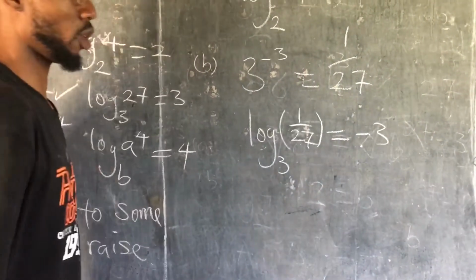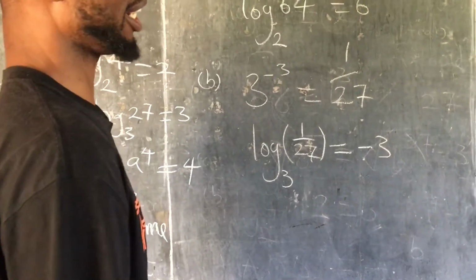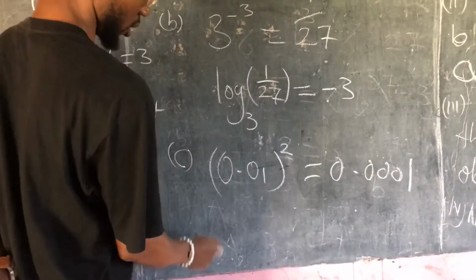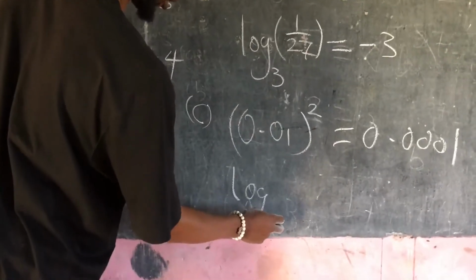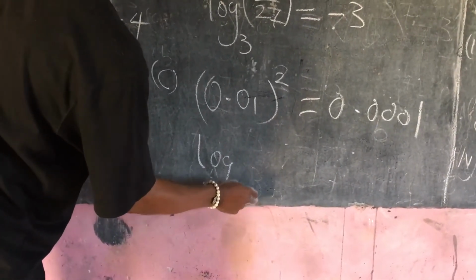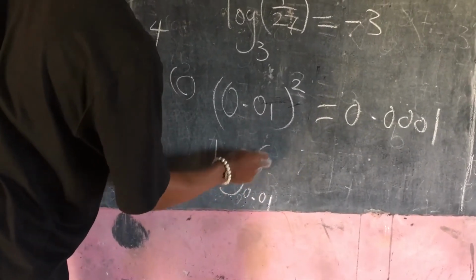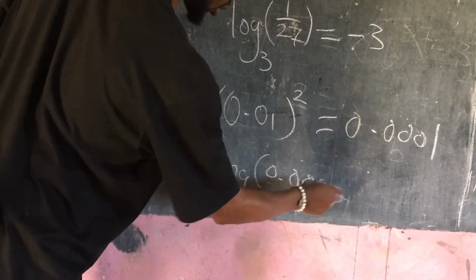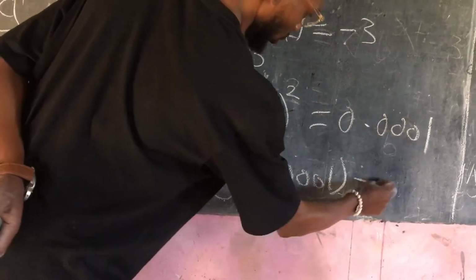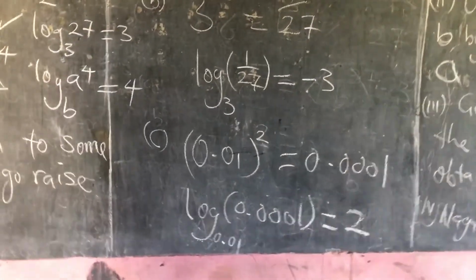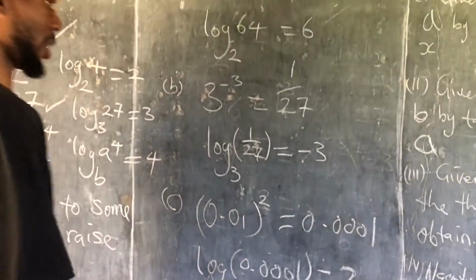The next one, we change that to log form, so we get log of 0.0001 to base 0.01 is equal to 2.